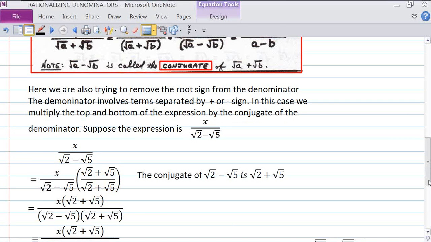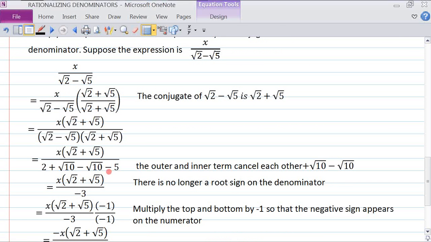Now, as I said, here what happens is we have x times root 2 plus root 5. And here we have root 2 minus root 5, root 2 plus root 5. So first times first gives me 2. Root of 2 times the root of 2 gives me the root of 4, which is 2. The outer term here is plus root 5 times root 2, so that gives me plus root 10.